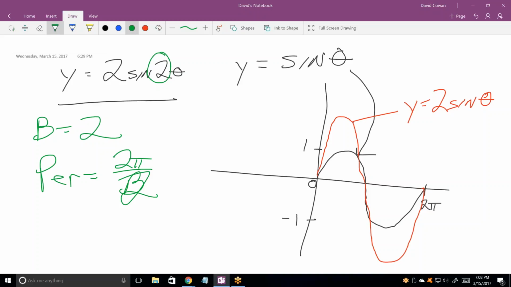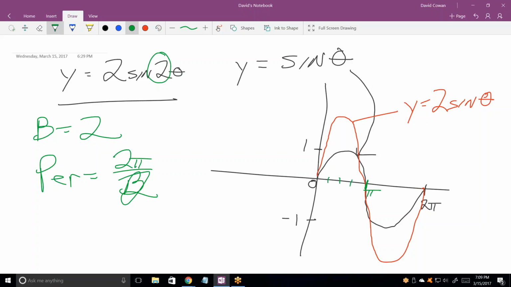which compresses this thing. Instead of the function going from 0 to 2 pi, it now has to go from 0 to pi. In other words, it's going to compress. If I quarter it up, these are going to be its key points right there.